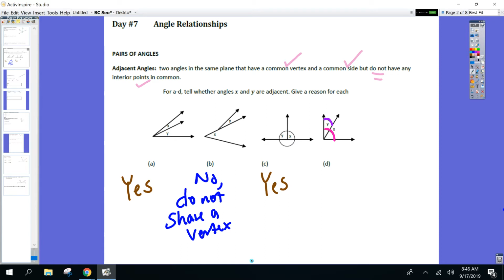I heard a couple of no's in there. Yeah, this one right here. They share that side right here. Ready? What's going to be the problem? It's in both, right? It's in Y and X. Cannot happen. So these are not adjacent. They have interior points in common.